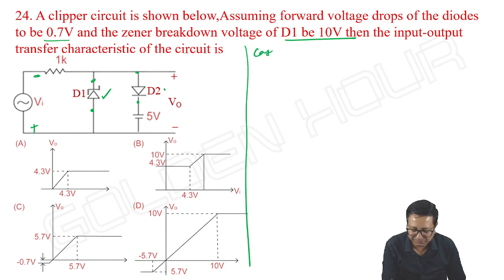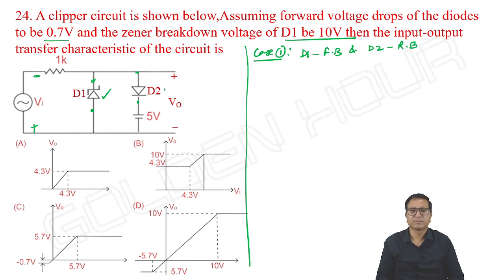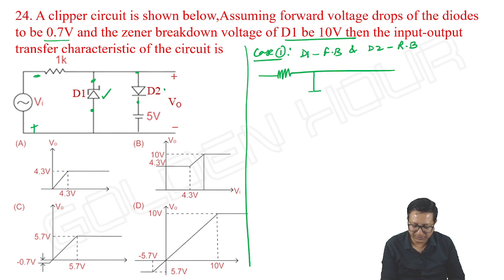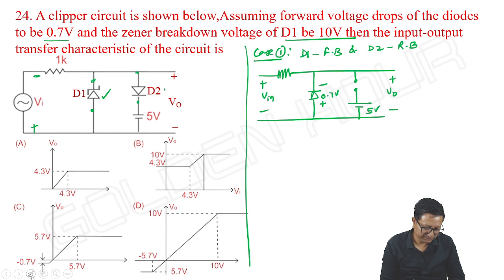Case 1. D1 is forward biased and D2 is reverse biased. Means across D1, I can write 0.7 volts from anode to cathode. D2 is open circuit. V output is V input minus 0.7.